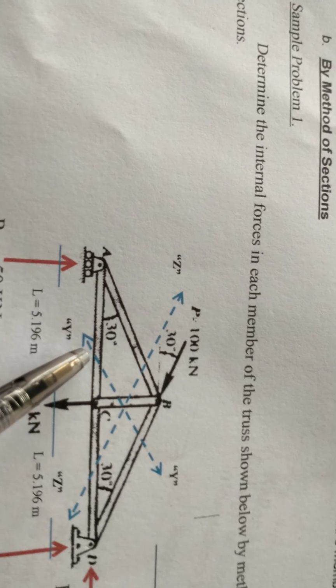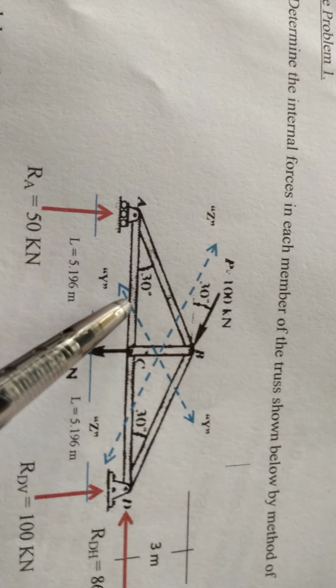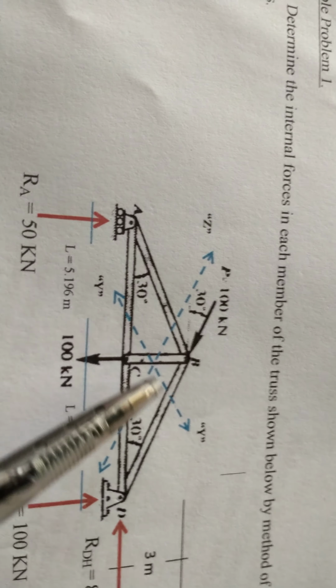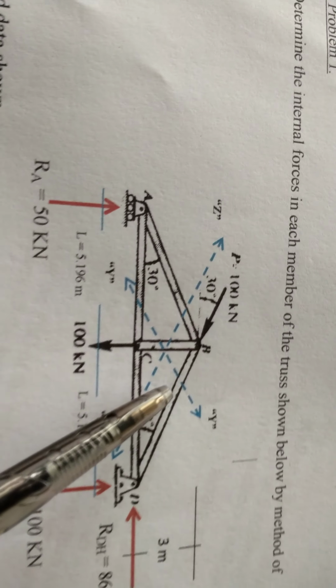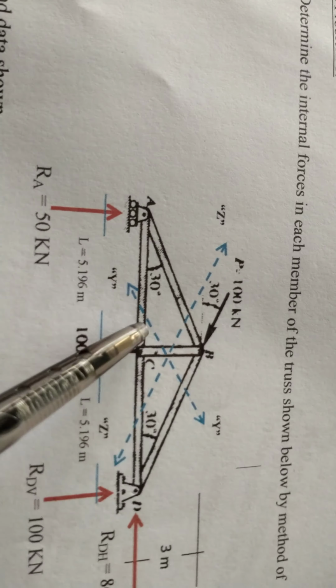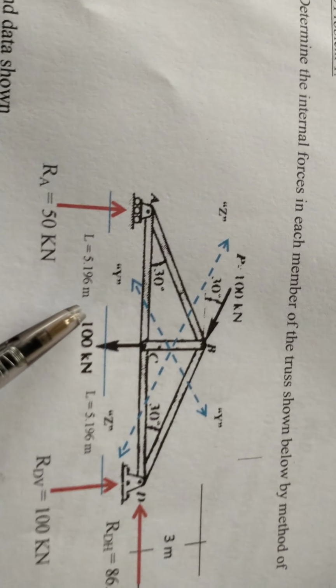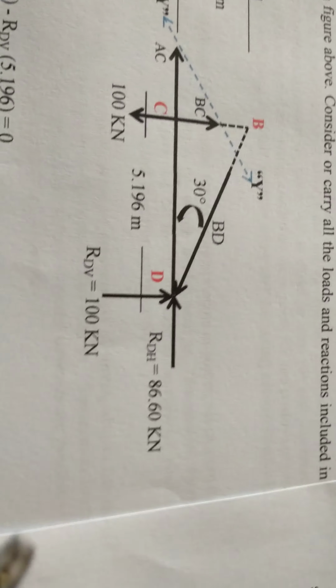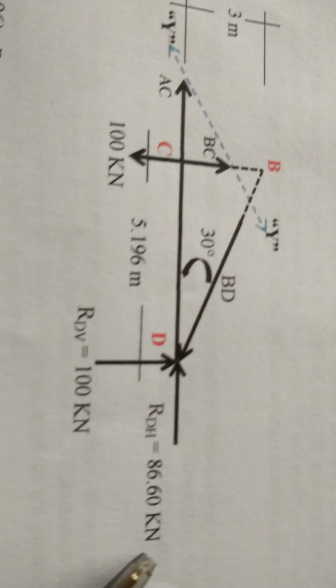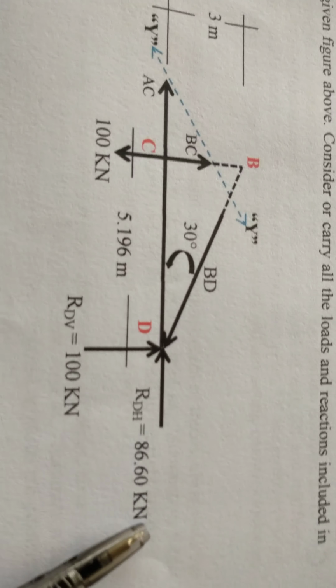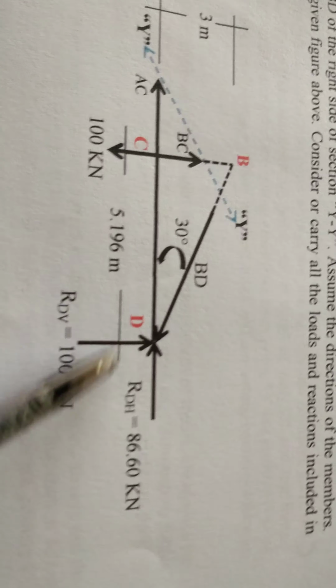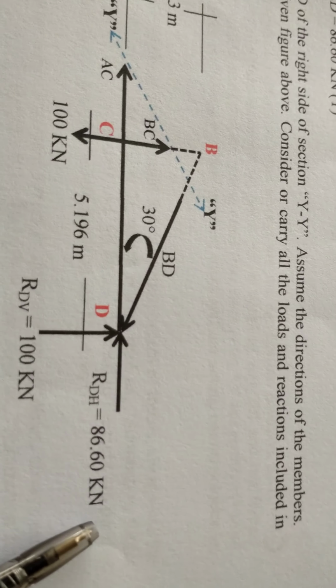If you notice, class, we again have three members, AC, BC, and BD, that were cut to form section YY, the right portion. As I've said, we need to carry all the computed values that we have previously solved.